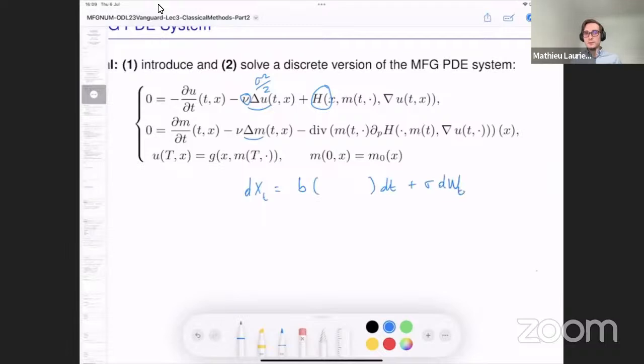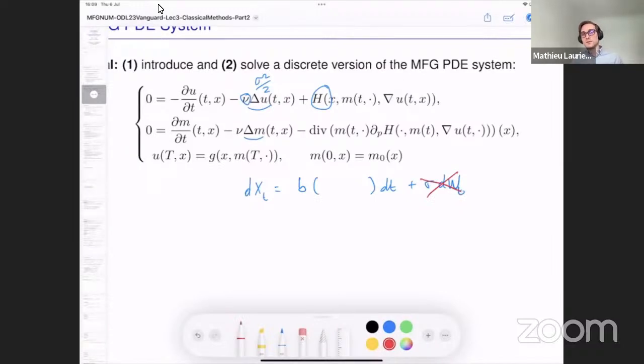So in some of the numerical methods I'm going to present next, we might be interested in the case where nu is equal to 0. So if you take nu equal to 0, it means sigma equals 0, which means you want to remove the noise and you are interested in the so-called first order mean field game. First order in the sense there is no second order derivative, there is no Laplacian in the PDE.